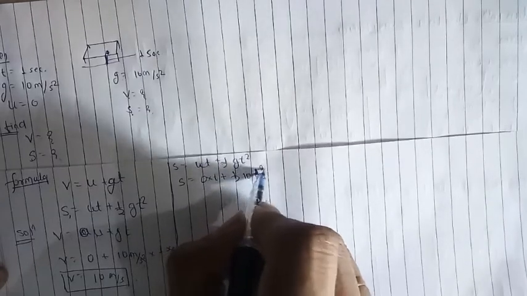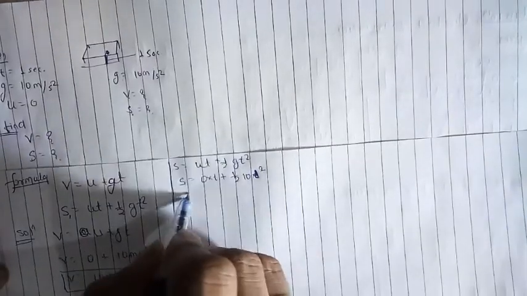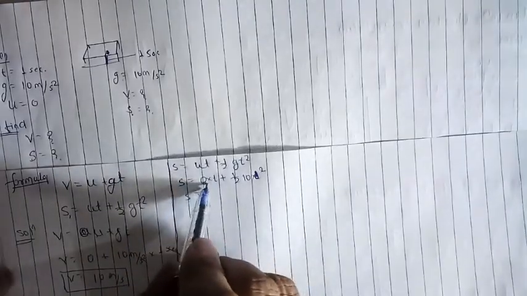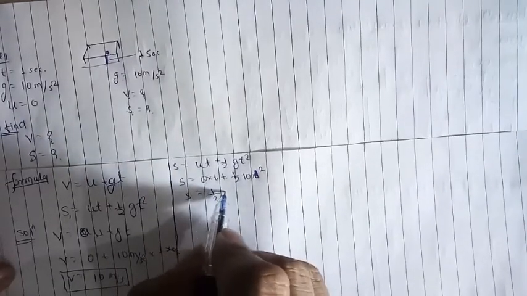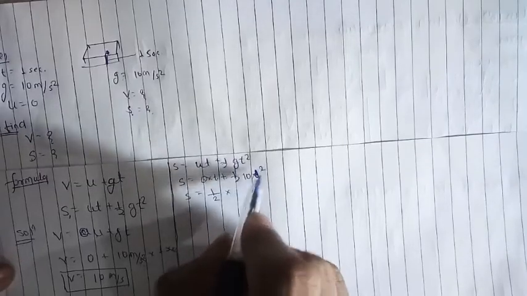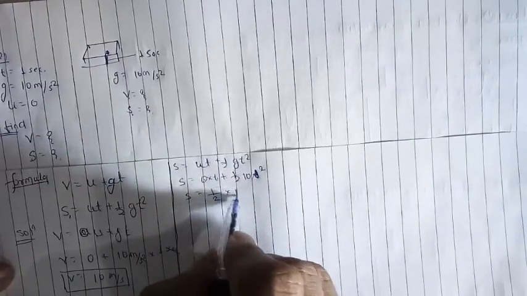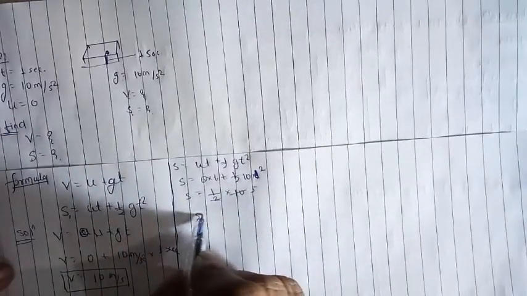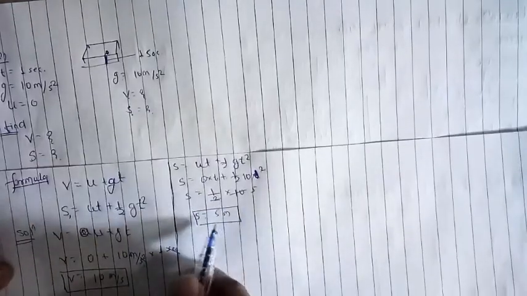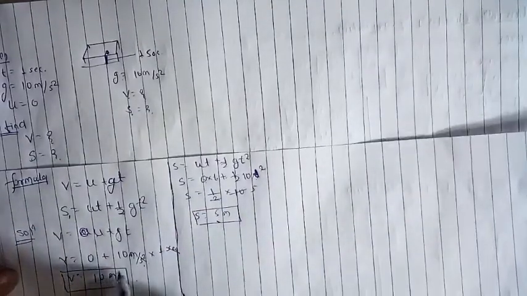It is 10 and t is 1, the square of 1. 0 into t is 0. So plus we will have 1 by 2 into 10 into 1 square, 1 square is 1, 1 into 10 is 10. If we cancel this, 2 5s are 10. So s equals 5 and it will be in meter. So s is 5 meter and the final velocity is 10 meter per second.